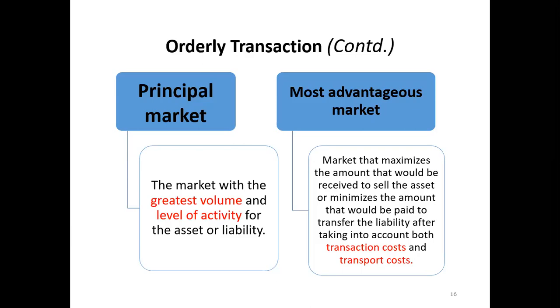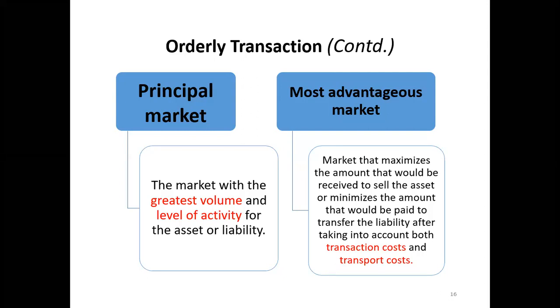The principal market is the market with the greatest volume and level of activity for a particular asset or liability. In each of these markets, there may be certain market transactions. By referring to the volume of the transactions, you can see that out of these three markets, one market produces the greatest volume.